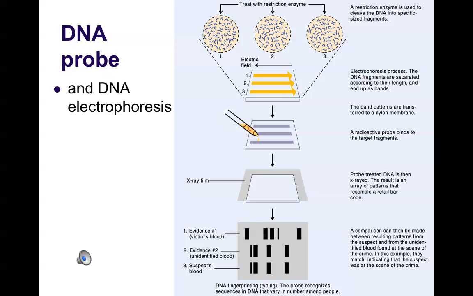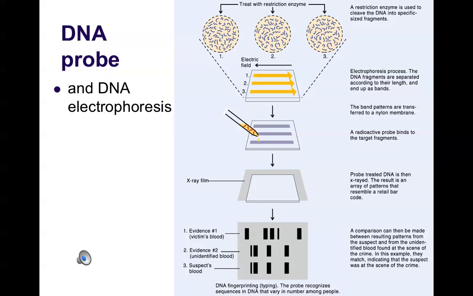So if we take a look at and compare the DNA fingerprint, or the size of the fragments, from the victim's blood sample recovered from the crime scene that's been unidentified, and then compare that to the DNA fingerprint or the fragment distribution for the suspect's blood, we can create a statistical probability as to how likely it is that that sample was derived at the crime scene from the suspect themselves.